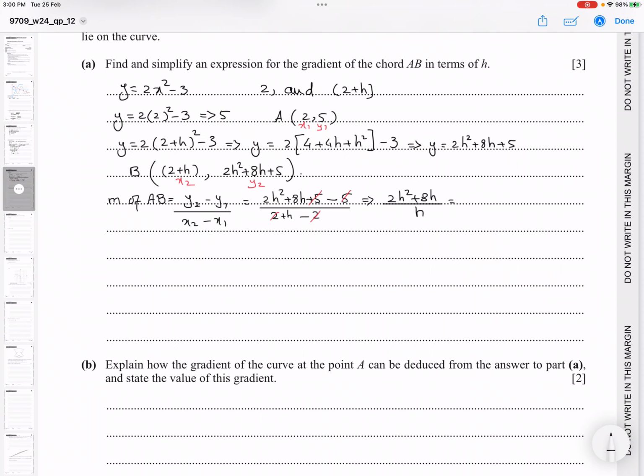If you take common from the numerator, you get 2h bracket h plus 4 over h. So h are gone, so you can write the gradient of AB equals 2h plus 8. That is your answer for this part.